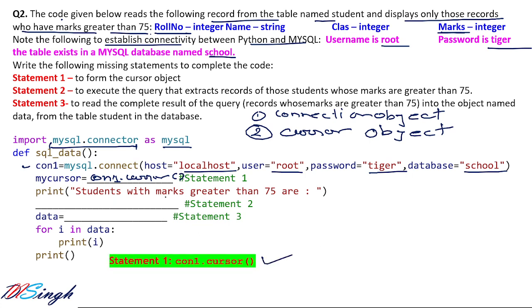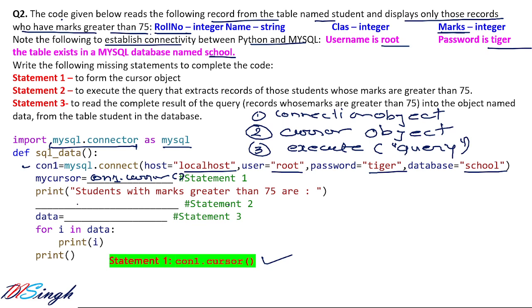And next, print the students with marks greater than 75. Okay, fine. For that purpose, we need to run a select query. And how do we execute the query? Third job, to execute the query, we have a function called the execute function. With the help of the execute function, we are going to send the query to the database and the result will be stored in the cursor.